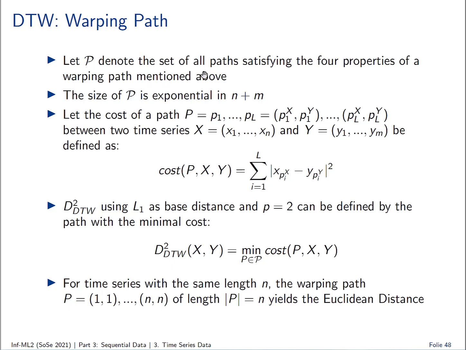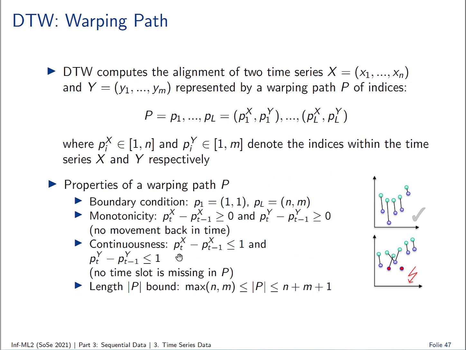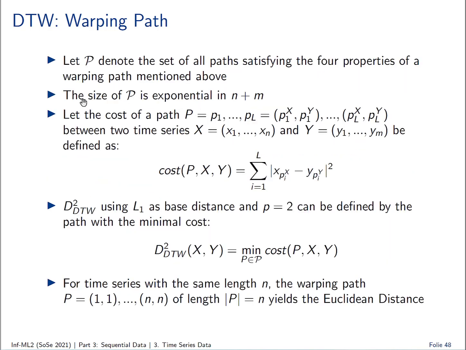So let P denote the set of all warping paths that satisfy those four conditions. The size of this set is exponential in n plus p. Of course, we can define the cost by simply summing up all the differences, if we have the corresponding DTW instance, and the actual dynamic time warping distance can then be computed as the cost of the cost minimal path between those two time series.